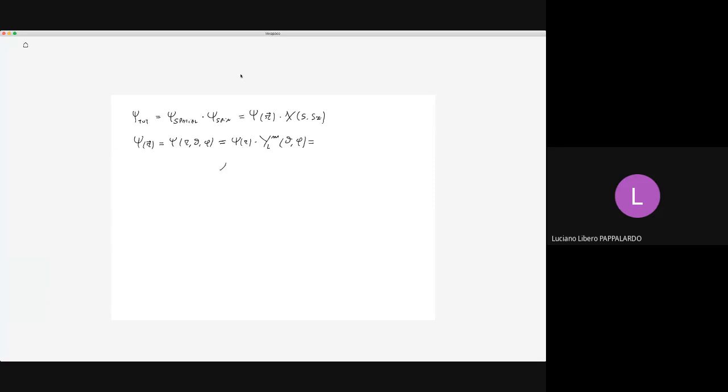So this is proportional to psi of r, then we have a multiplicity coefficient, (2L+1)(L-m)! over 4 pi (L+m)!, and then you have your Legendre polynomial, which is a function of cos theta, times e to the i m phi. Okay, all this you should know from non-relativistic quantum mechanics.